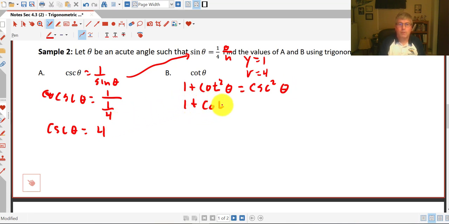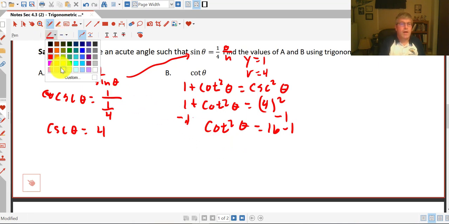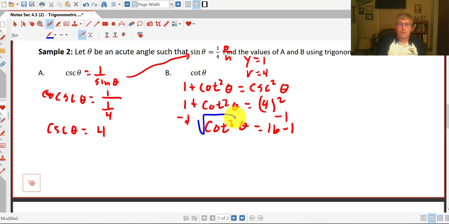So I have 1 plus cotangent squared theta equals 4 squared, because cosecant is 4, so cosecant squared is 4 squared. So I can subtract my 1 from both sides. I get the cotangent squared theta equals 16 minus 1. Take the square root of both sides to get the cotangent. And the cotangent of theta equals the square root of 15.